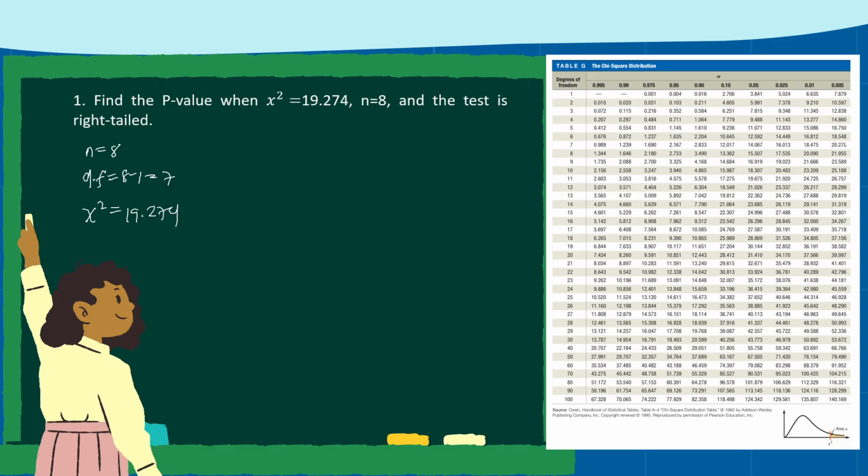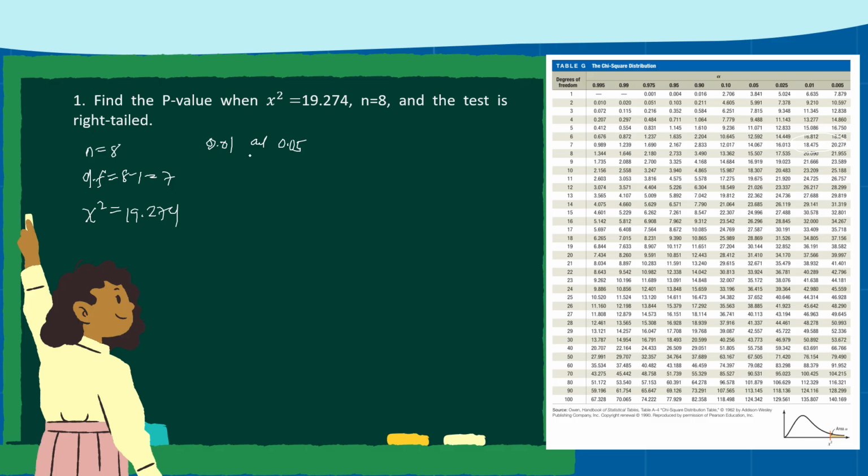It falls between these values, 0.01 and 0.005. So it falls between 0.01 and 0.005.